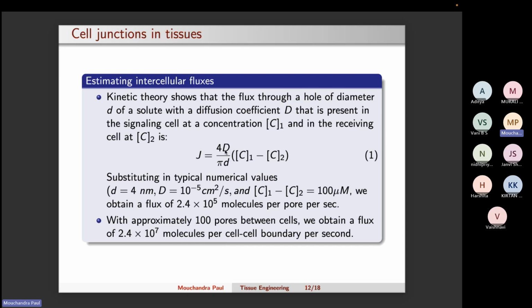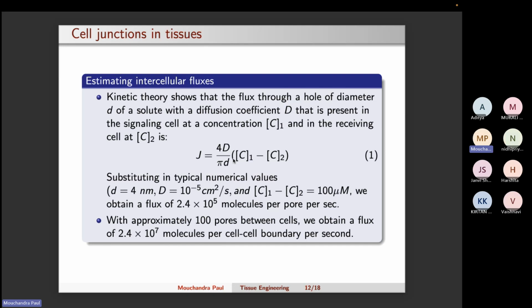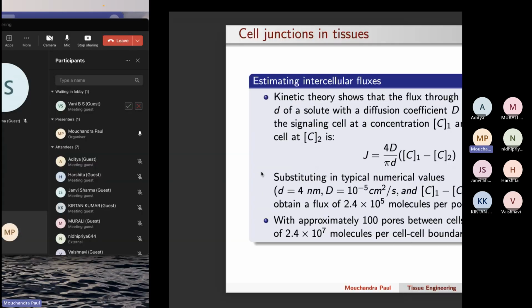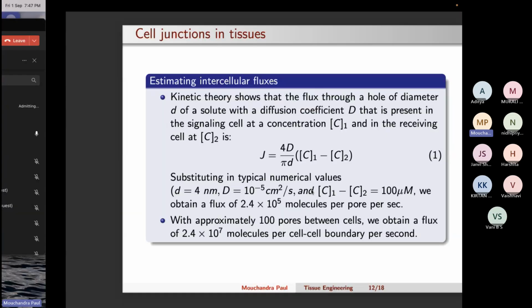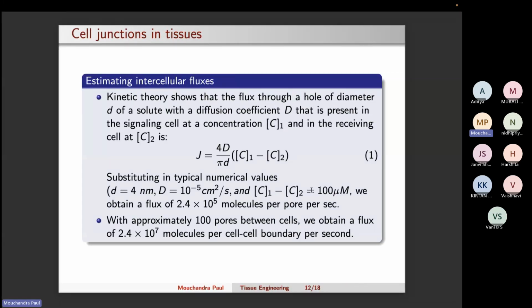Similarly, remember that diffusivity is an internal property, like Young's modulus. It is defined for a particular type of material. Similarly, diffusivity is an internal property of a particular type of molecule.